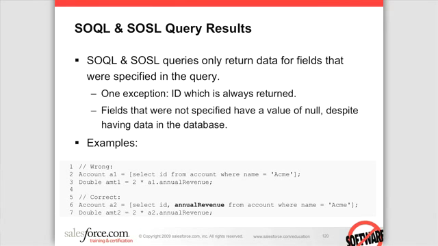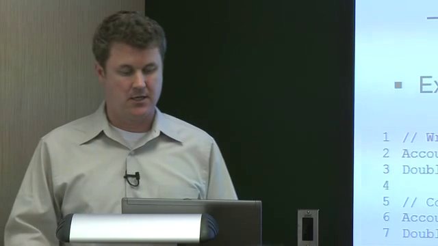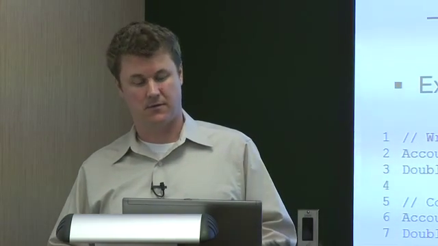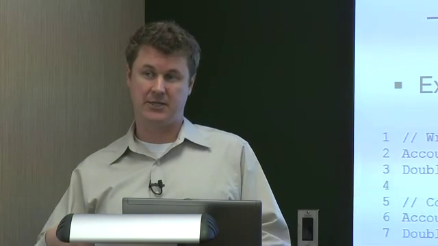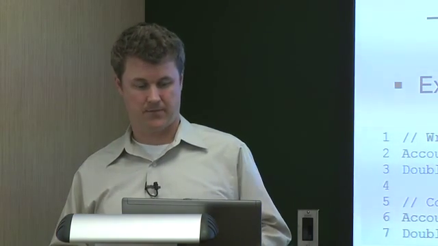So we've selected the ID, but we did not select the annual revenue field. What's going to happen is that when we attempt to do that math operation on the second line, that's going to be 2 times null. Okay. In order to obtain the value associated with our account, that annual revenue value, make sure that you select it. Okay.